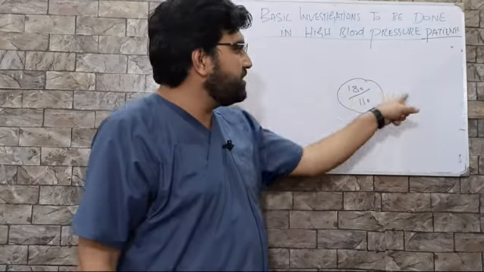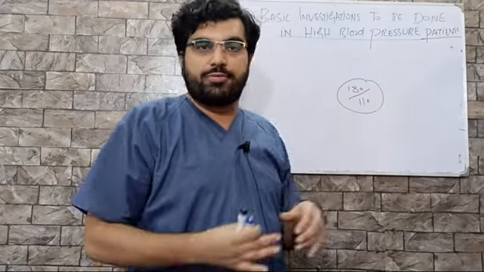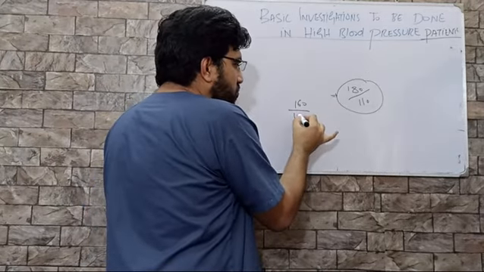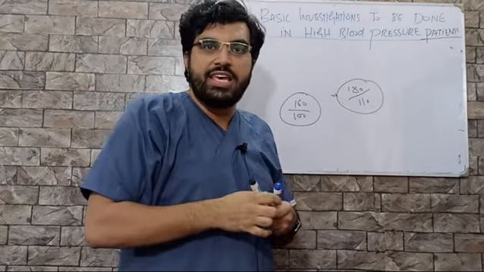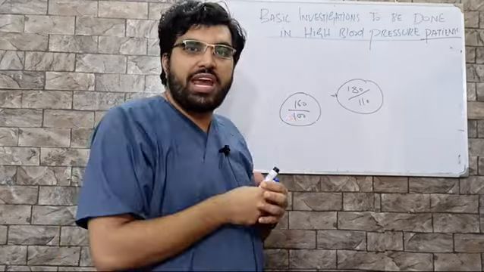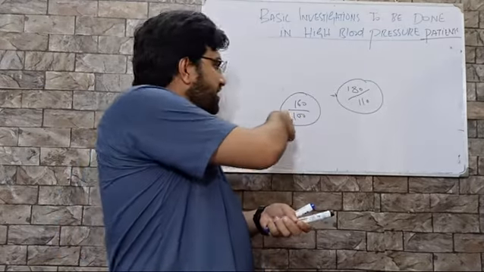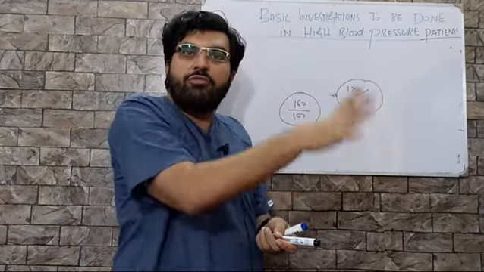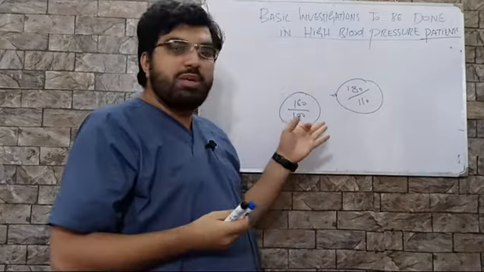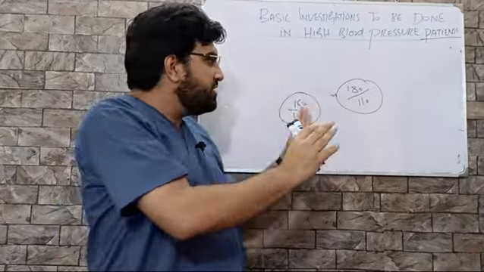This is actually the stimulus to start the medicine. 160 by 100 but with end organ damage: if this much reading is there and the patient is having end organ damage, this is an indication to start the treatment right away. No need to waste time on ambulatory BP monitoring or checking the BP twice a week or thrice a week. These two are clear.